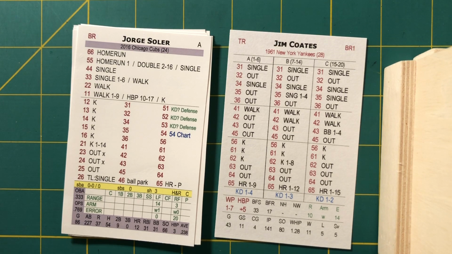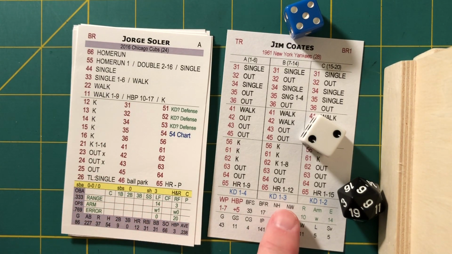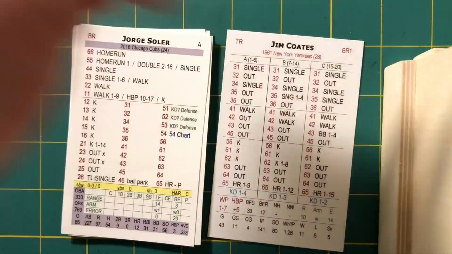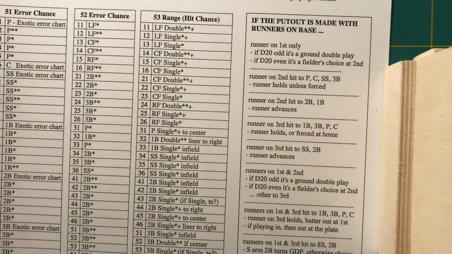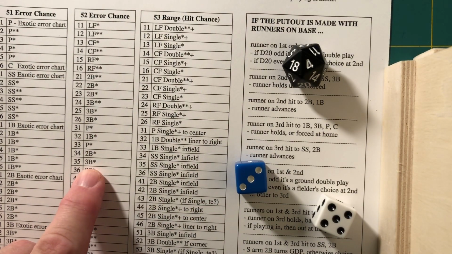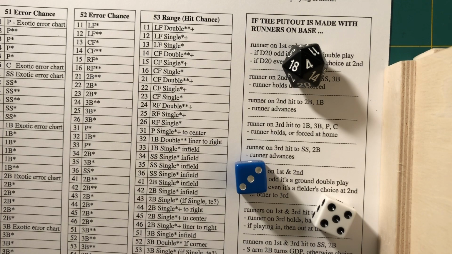Coates the stretch. The pitch home is a 52. The 9 is not in Coates' range for a strikeout. So we're going to do an error check on a 52. It's a 35. That's a grounder to Boyer, but the D20 is a 4.